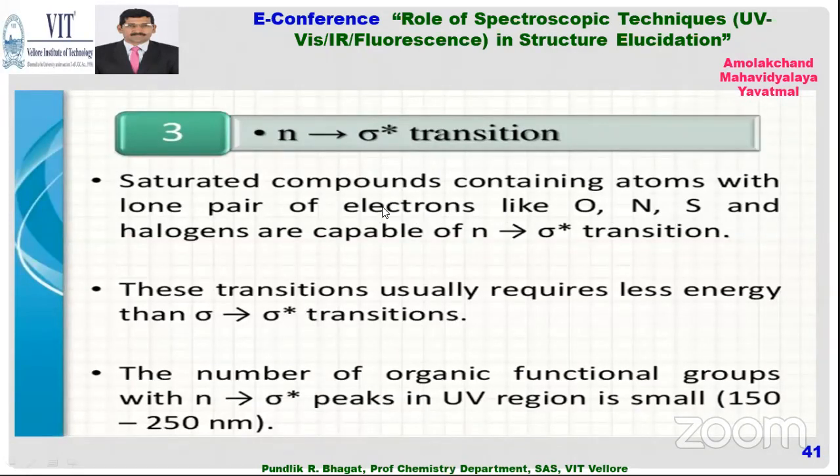N to sigma star is possible only for molecules containing atoms like nitrogen, oxygen, and sulfur, which are not participating in actual bond formation.